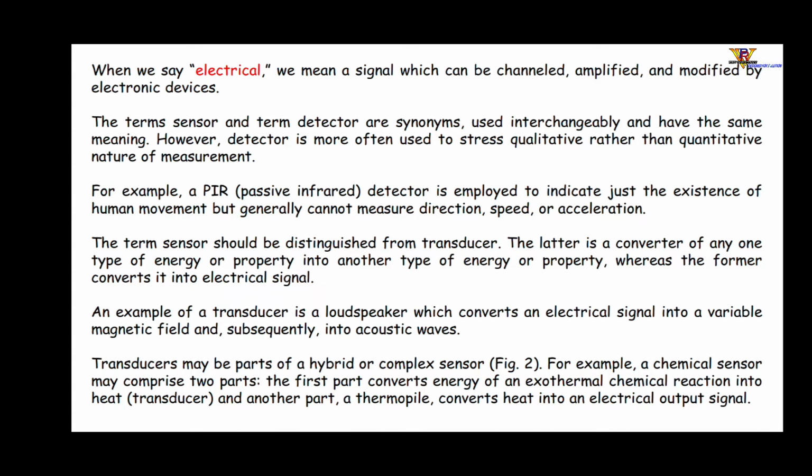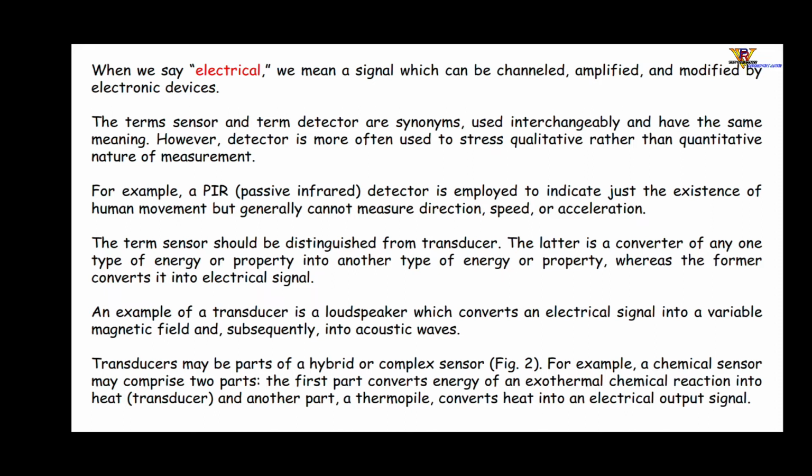A transducer may be part of a hybrid or complex sensor. So in a sensor, we may have different transducers present inside. Here I am taking an example of a chemical sensor. This chemical sensor may have two parts. The first part converts the energy of an exothermal chemical reaction into heat.